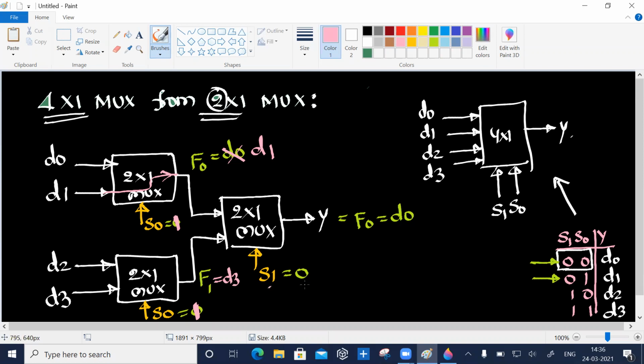D3. But what is S1 here? 0. If S1 equal to 0, what is Y? D1, that's it. Like that, the remaining cases: you take S1 equal to 1, S0 equal to 0, get the things, you will get the answer. Are we clear? Yes, sir.